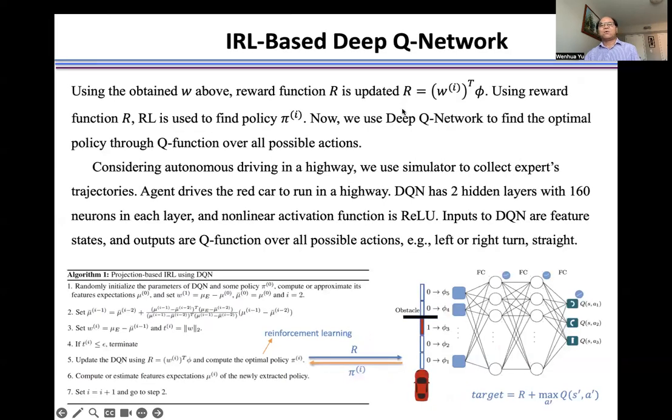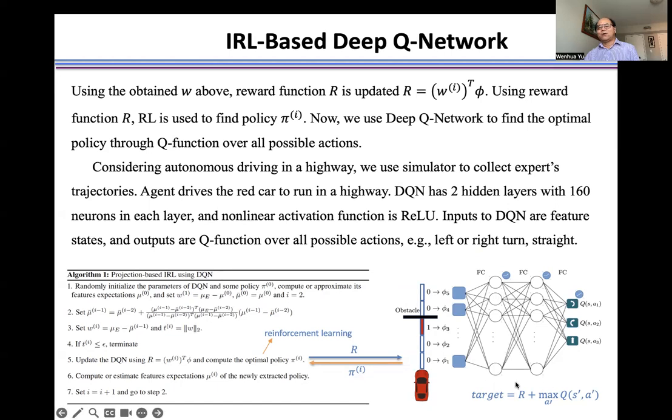Once we have a reward from inverse reinforcement learning, then we can use the Deep Q network to find the optimal policy. Here, if we use the Deep Q network, of course we need to use experience replay to get a stable result.